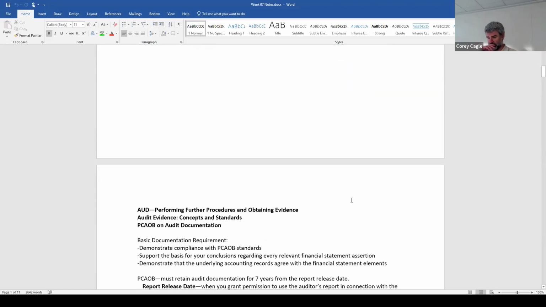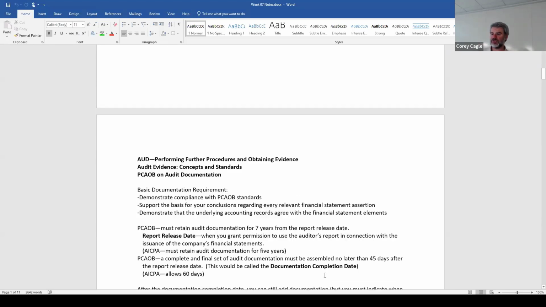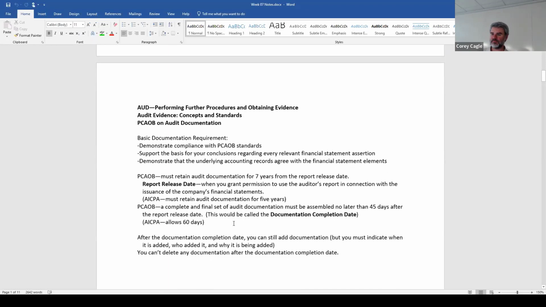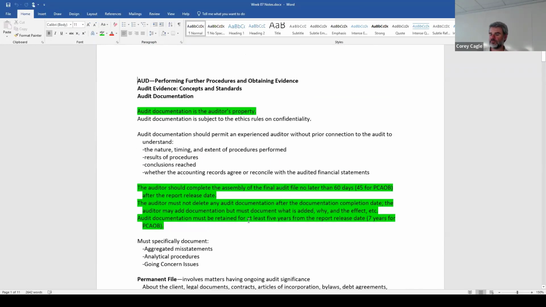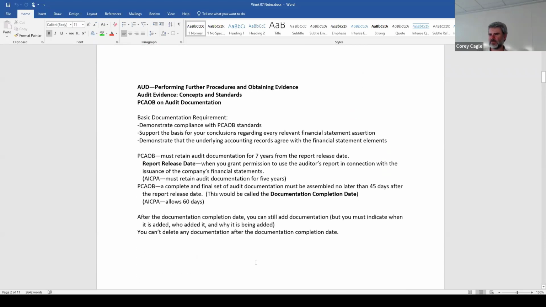The big differences are retain the work papers for 7 years instead of 5, and complete the documentation within 45 days of the report release date instead of 60. So there's really not much use to look at this stuff. The good stuff's already in this part of the notes, but that's what I typed out as I was reading it. So I left it.